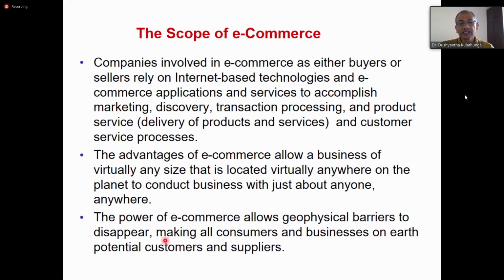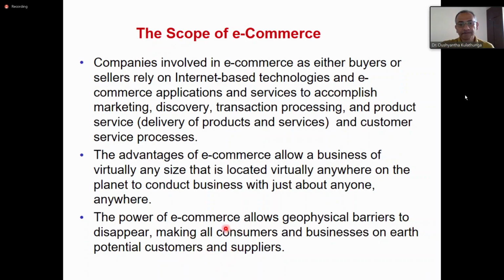Customers in the world can become potential customers, and suppliers in the world can become potential suppliers due to these technologies. So an organization is capable of reaching customers and suppliers in the world, and they can become potential customers and suppliers.